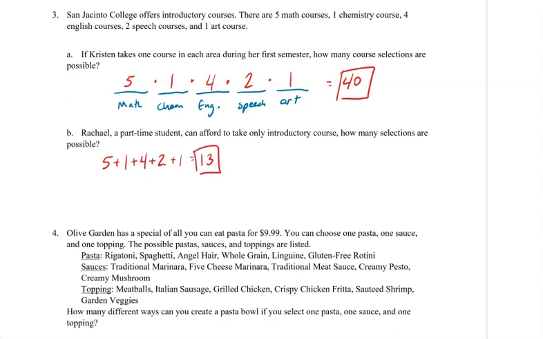That's our answer in this case, because we're not worried about, well, she could take college algebra in chemistry, or she could take business math in chemistry, or stats in chemistry. We're not worried about that. She's only going to take 1 course. There are no different possibilities in between those. So it's just the total. And we're done with that one.